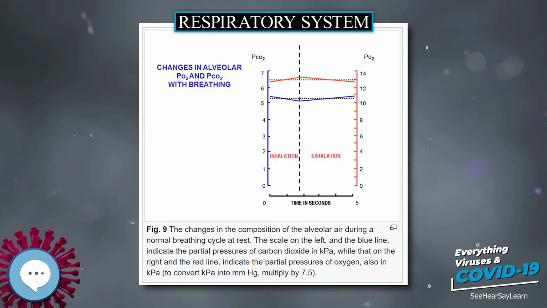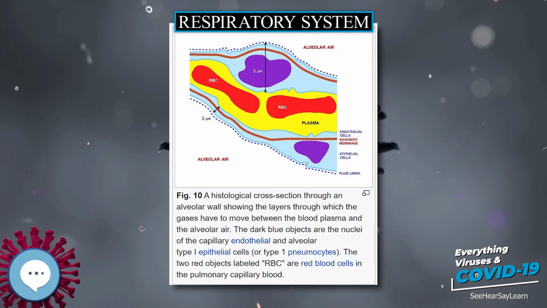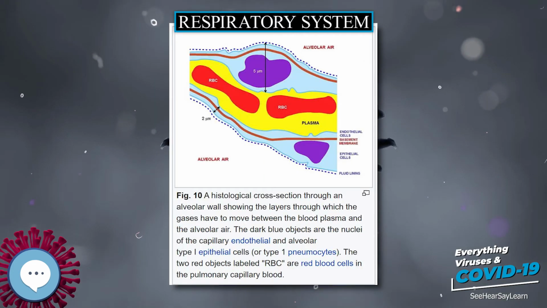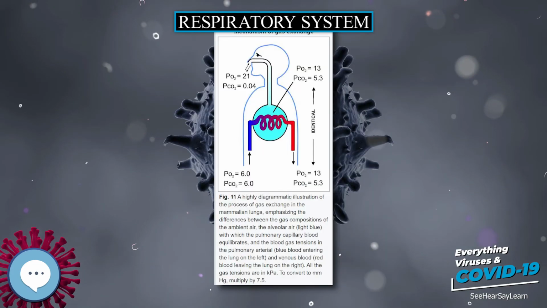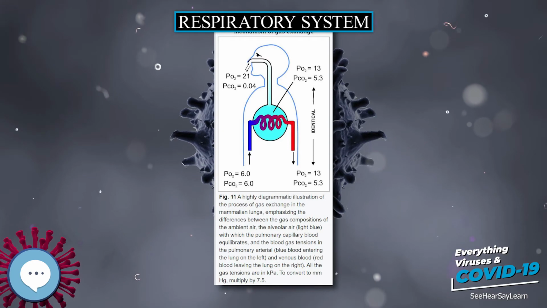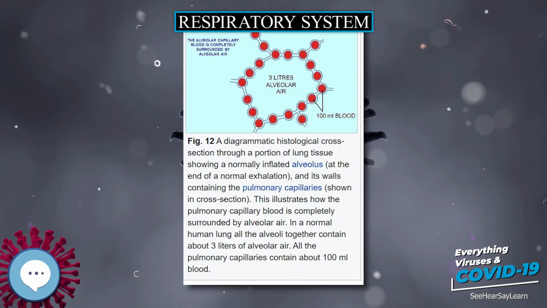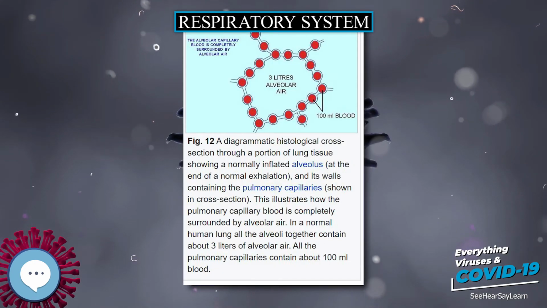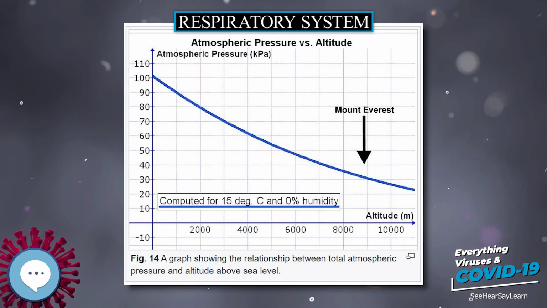Thus, at sea level, where the ambient atmospheric pressure is about 100 kilopascals, the moistened air that flows into the lungs from the trachea consists of water vapor, 6.3 kilopascals, nitrogen, 74.0 kilopascals, oxygen, 19.7 kilopascals, and trace amounts of carbon dioxide and other gases, a total of 100 kilopascals.